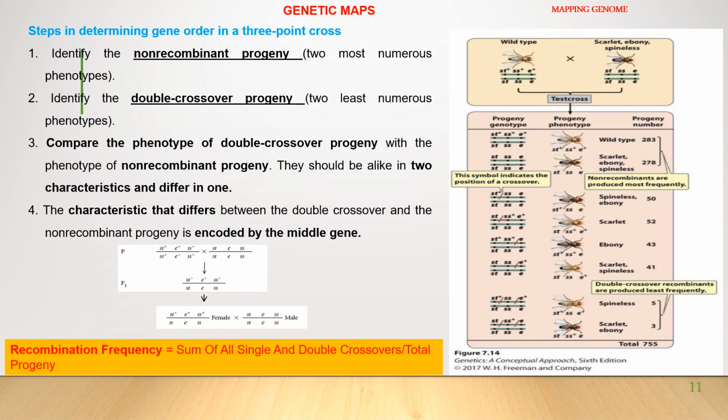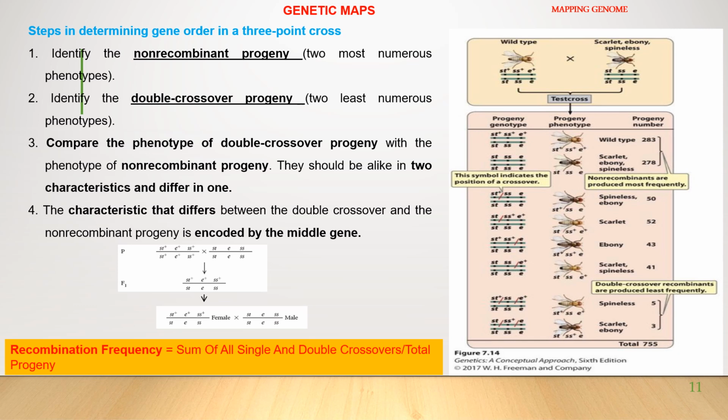Once the gene order is known, the recombinant frequency is calculated for each gene pair. Recombinant frequency is the sum of single crossovers between the two genes in consideration plus double crossover progenies, divided by the total number of progenies.